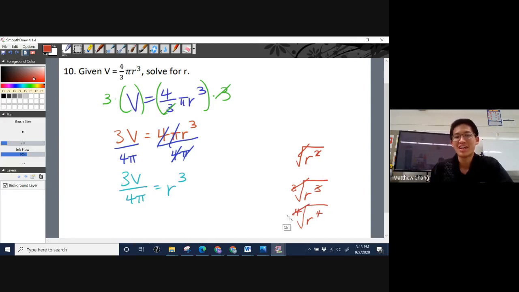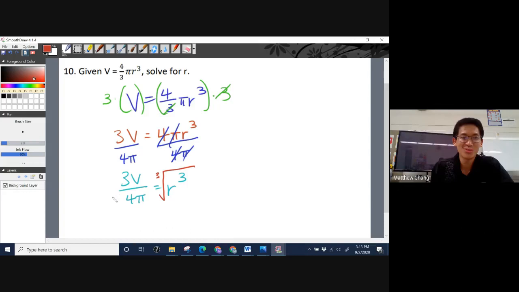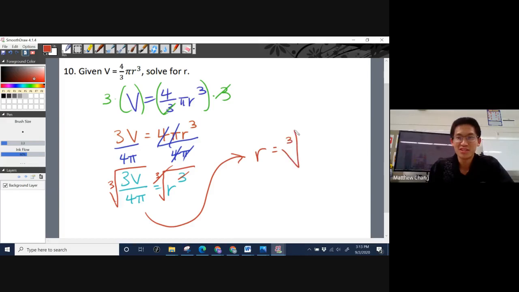But what we need is the cube root. Make sure you put the 3 there, that's important. The cube root cancels out with the cube, and we're left with a very nice expression: r equals the cube root of 3 times V divided by 4 pi.